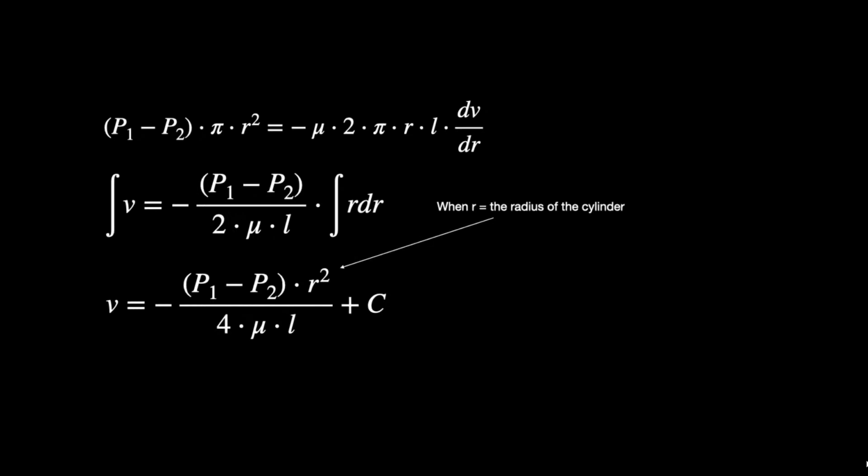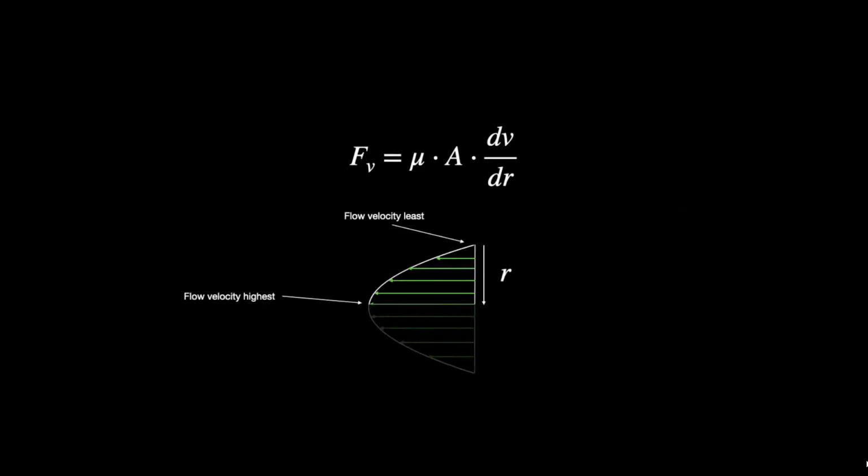When the radius of the cylinder is equal to R, let's go back. When the radius is R, when we are R away from the center, the velocity is going to be zero. It's very clear because it's a parabola. At the very corner it's going to be zero.